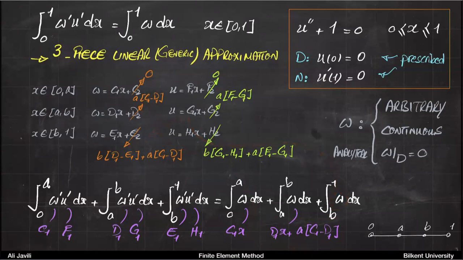So in the last region, let's say W would be E1X plus B times D1 minus E1 plus A times C1 minus D1.